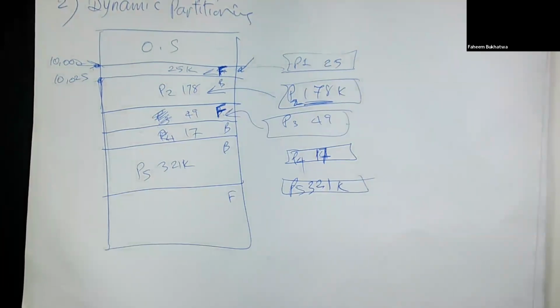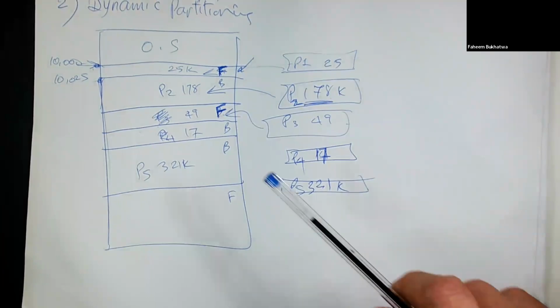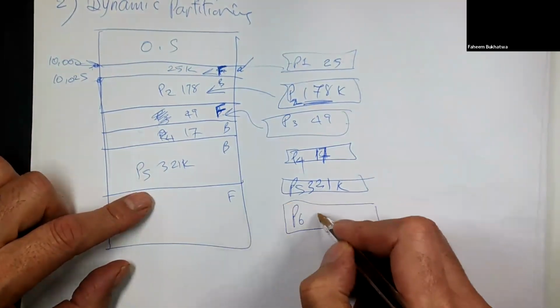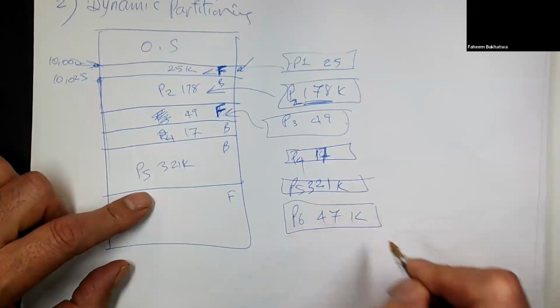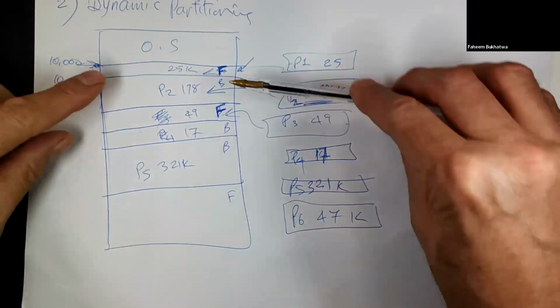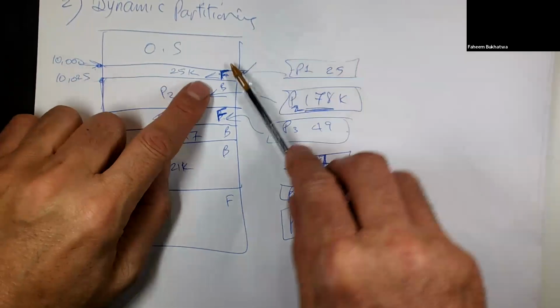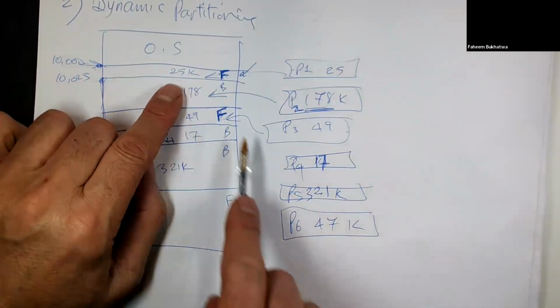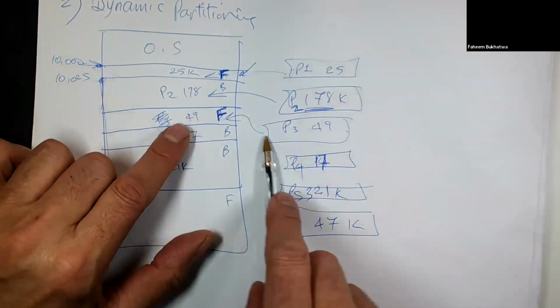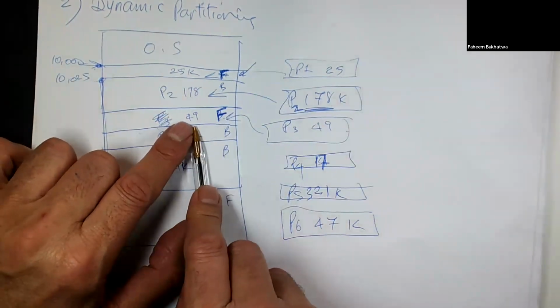Are you following me, guys? Now, let's say we get program number 6 and it says I need 47K. How do you think we'll allocate it? Any idea? We go through the blocks. This one is free, but it's only 25. It won't fit. We go to the next one, and here's another one free, and it's 49.